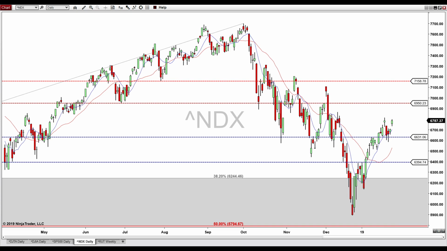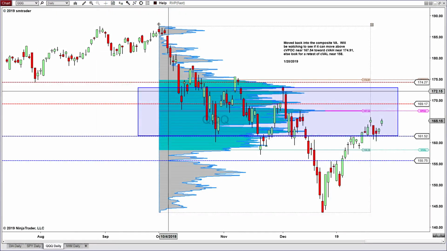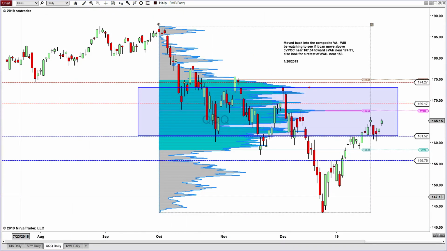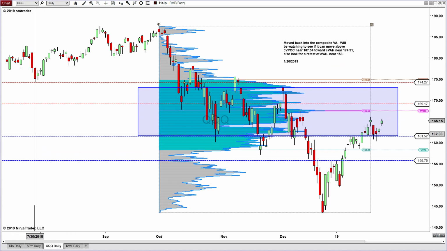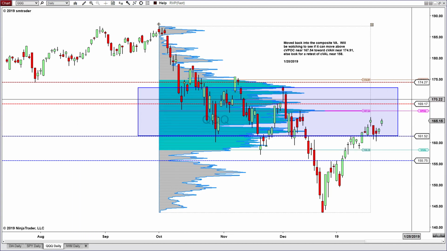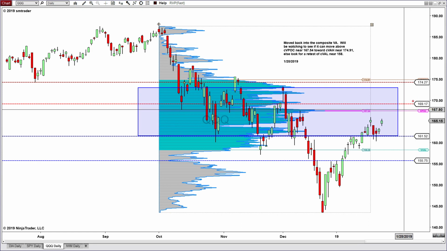And if we take a look at the QQQ, the ETF for the NASDAQ 100, as you can see, again it moved back to this value area here and is working toward this point of control near this 167.54. So right now, essentially, I'm looking for this thing to come up and possibly test this 169.17, this level here.